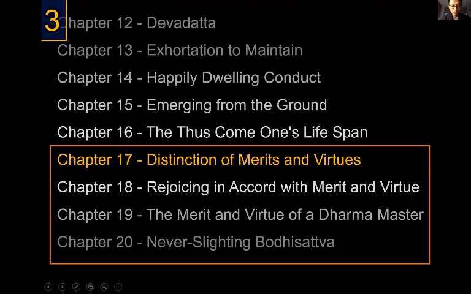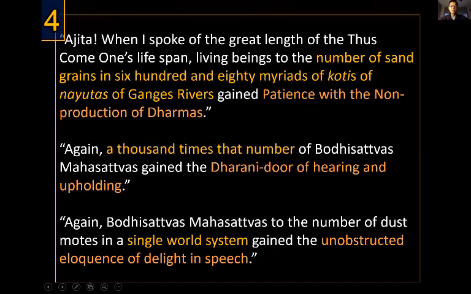Okay, so that's a very quick general overview, and I want to first go on to try to clear up the numbers, because personally, I also had some trouble trying to understand what all these numbers mean. In this chapter, we see many different numbers: Ganges sand grains, and then 680 myriads of kotis of nayutas, and so on and so forth.